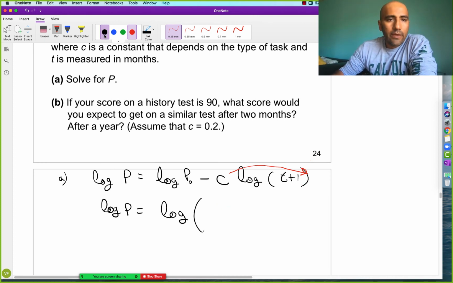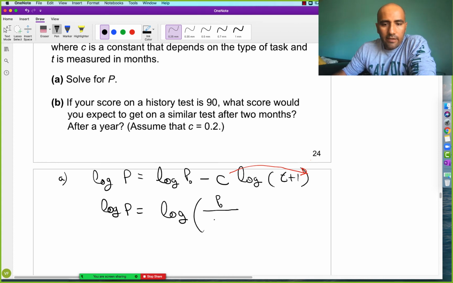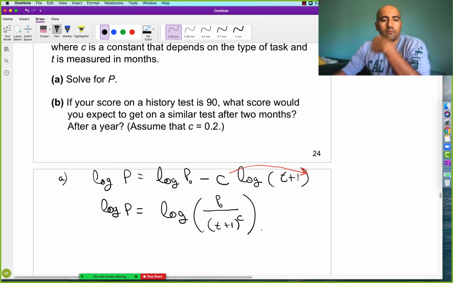So I'll end up with p naught over t plus 1 raised to the power of c. Good. Okay, now we can say that p must be equal to this, right? Because we have log of this equals log of this, so therefore these two things must be equal to each other.